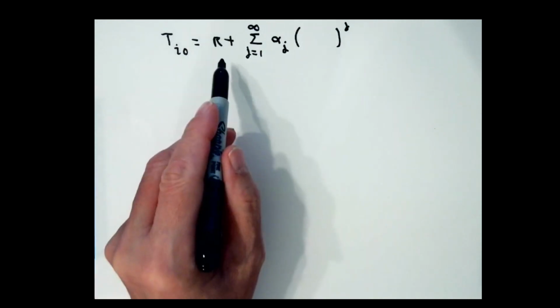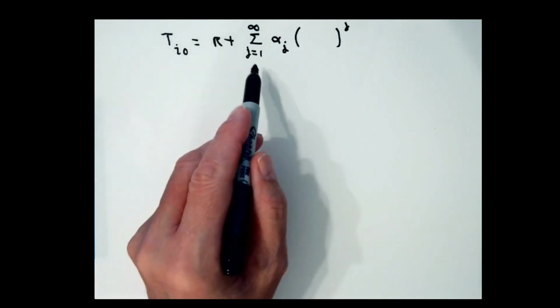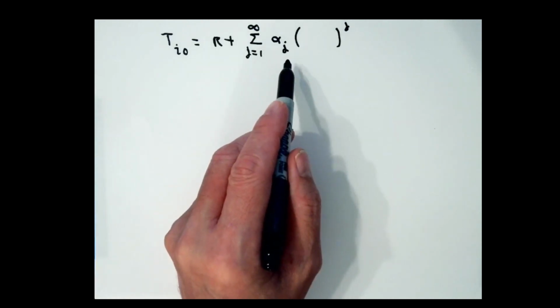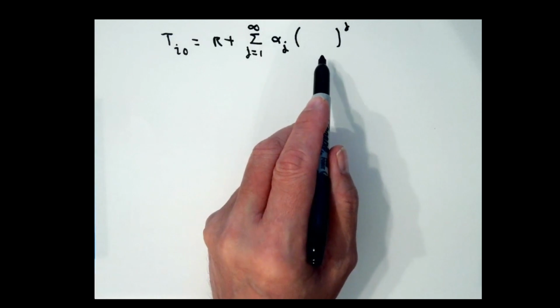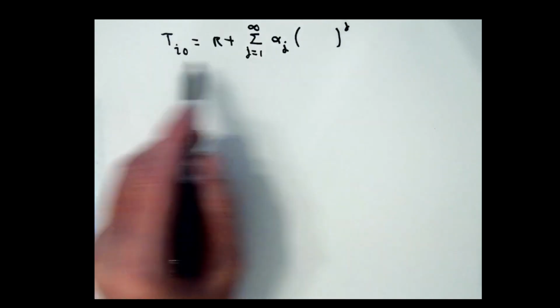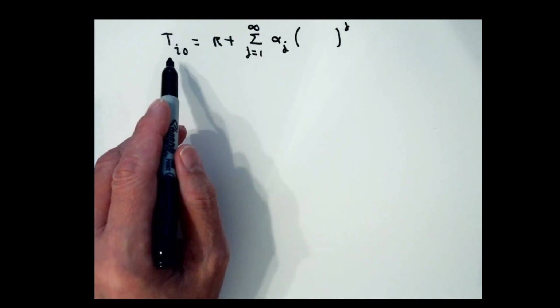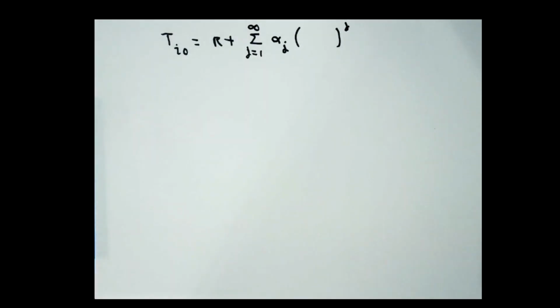T i 0 is going to be the actual result plus the sum j equal 1 to infinity alpha j times the jth power of whatever the spacing is that I'm using to get t i 0 from. And because of what we just said about the Richardson's algorithm, I can write that down.